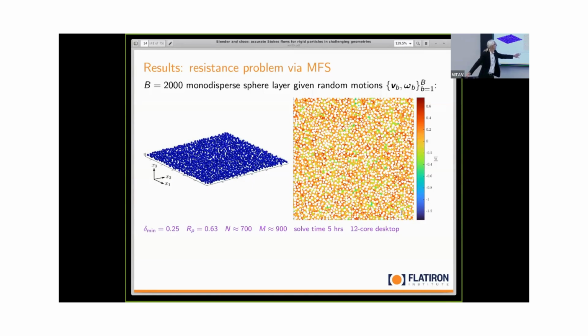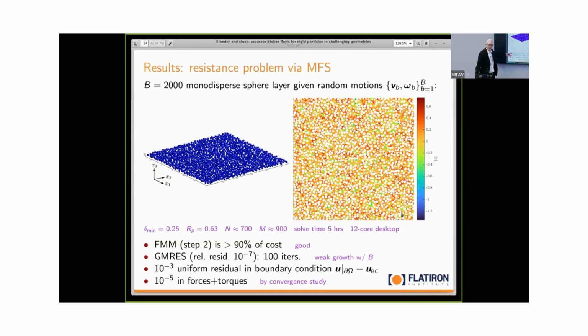But you only need a few hundred or a couple of thousand degrees of freedom per object. You have to iterate a bunch, but it's a few hours on an old desktop. And I was just discussing with Anna, we need to run computations on a desktop that's newer than 10 years old. But all the results I'm going to show you are on a 10-year-old desktop.